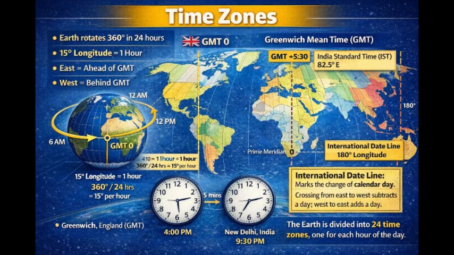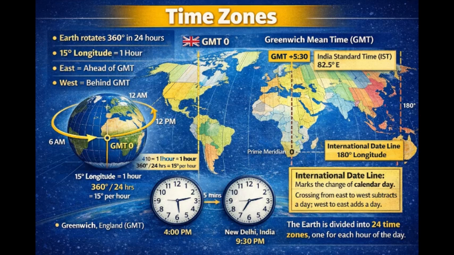So now we are about to make a quick revision for UPSC prelims. Let us quickly revise the most important points for the prelims. Latitudes measure distance north or south of the equator. Longitude measures distance east or west of the prime meridian. Latitude lines run east to west, while longitude runs north to south.